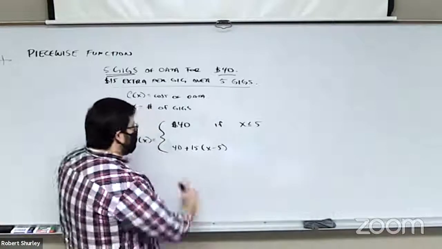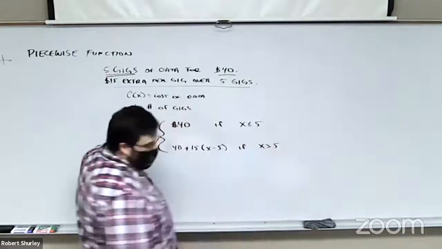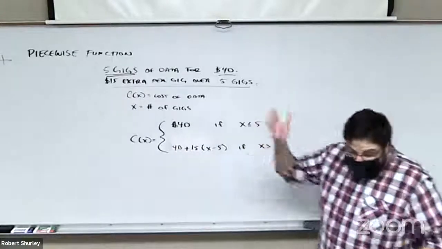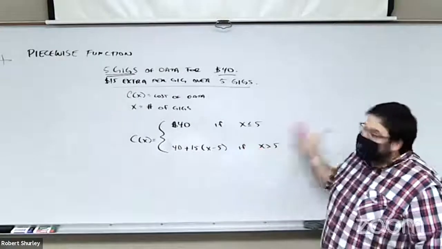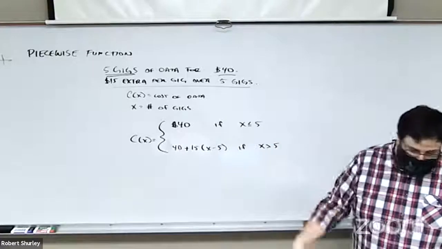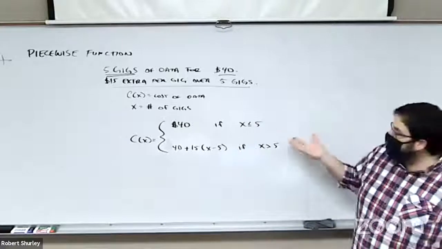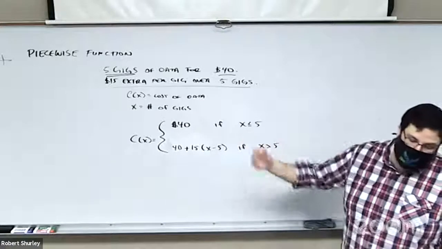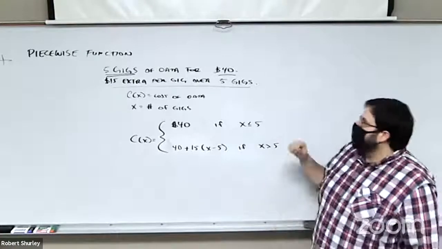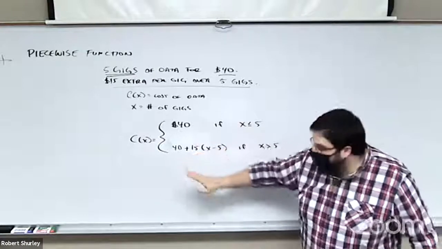It's X minus 5. Now this is going to be if our X value is greater than 5, right? So we created an equation, and this is what they do in billing departments and tech departments. They create the equations to pop out your bill. They are just the messenger. Don't get mad at them. They code it so that when Kylie uses 6 gigs, we put it into the equation.